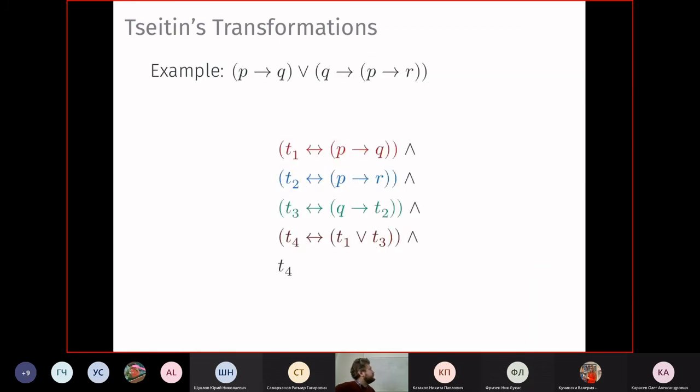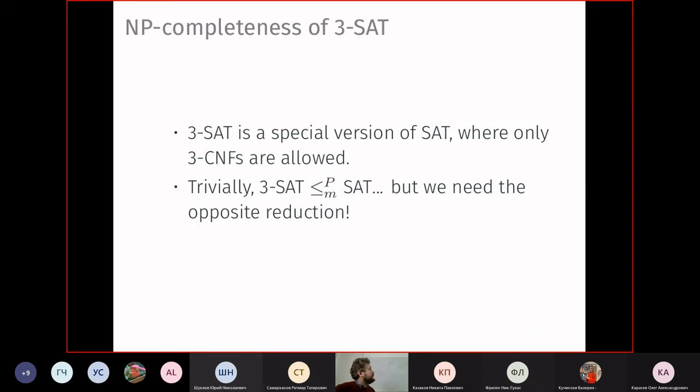So what that means, we can return to this slide. There is a reduction from SAT to 3 SAT. We take a formula, we perform the Tseitin transformation on that, we get an equisatisfiable 3 CNF, and now what happens if we want to check satisfiability of A?